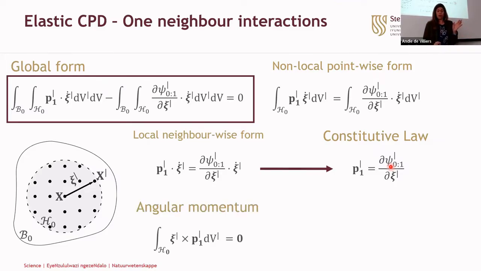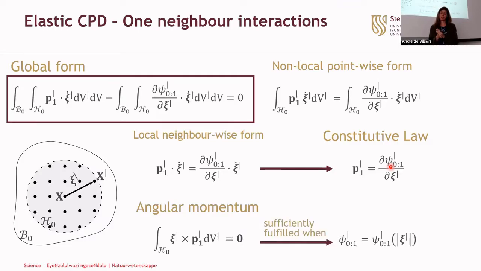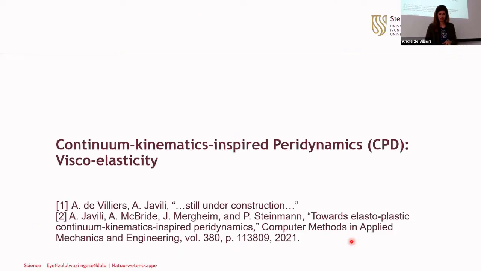For CPD, we also want the angular momentum conservation equation to be satisfied, and we can show that it's sufficiently fulfilled in the neighbor-wise stored energy, if we restrict it so that it's not a function of Xi, but only of the length of Xi.